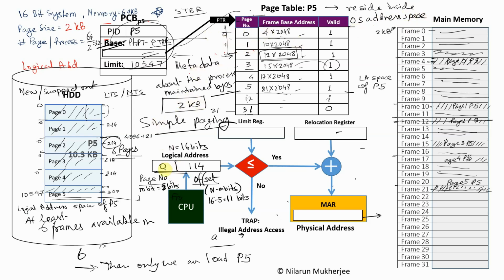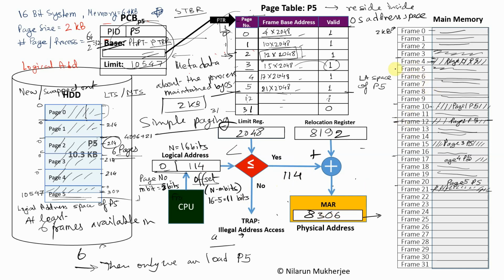So if that is 0, it will go here and find this is the address 4 into 2048. So it will find the relocation, the frame base address is 8192, limit is always the same, 2048. It will compare, then it will add 114. So after adding, it will find it is 8306.